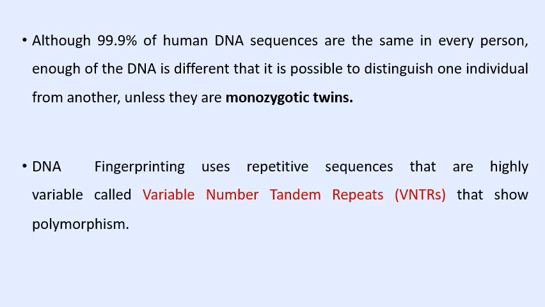DNA fingerprinting uses locating the repetitive sequences that are highly variable, called variable number tandem repeats or VNTRs, in particular short tandem repeats, STRs, also known as microsatellites and minisatellites. VNTR loci are similar between closely related individuals but are so variable that unrelated individuals are unlikely to have the same VNTRs.